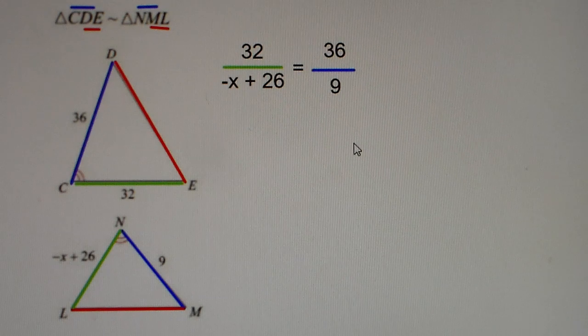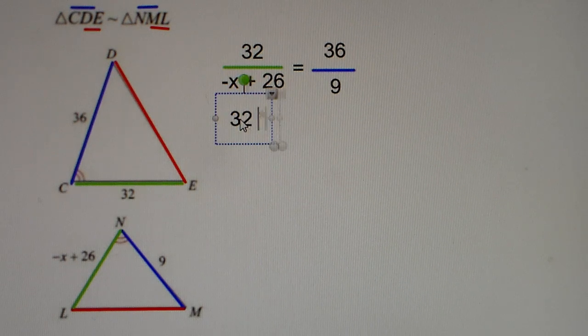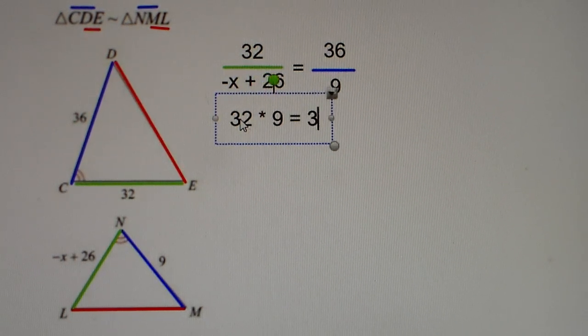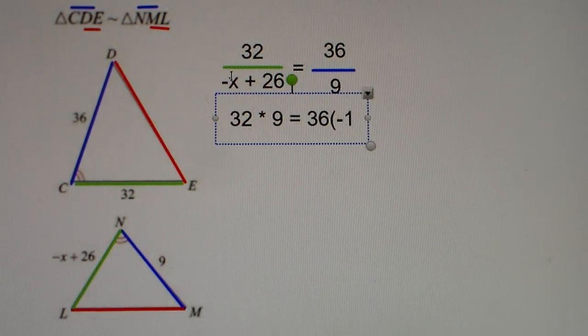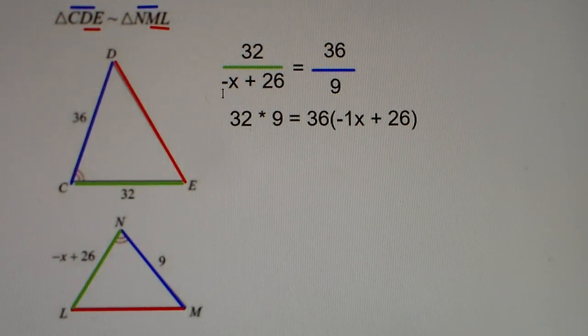That's how we set up our proportion. We then cross multiply. 32 times 9 is equal to 36, parentheses, because there's multiple terms, negative 1x plus 26. Now you just have to remember there's an imaginary 1 between that negative sign and the x.